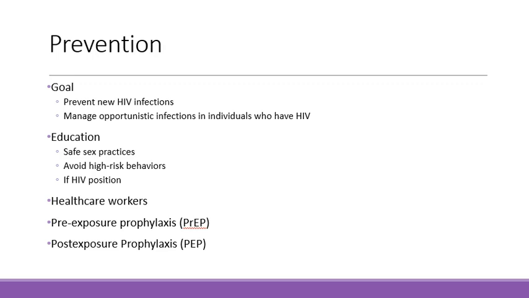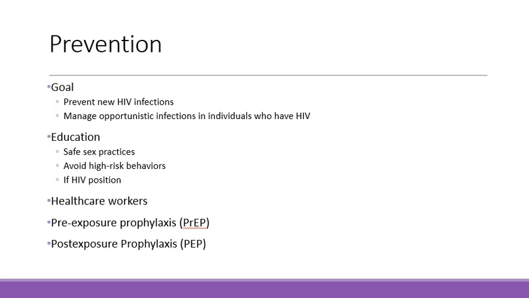So we now have two new classifications. We have pre-exposure prophylaxis called PrEP, and this allows individuals who are currently HIV negative but who are at high risk for becoming infected with HIV to reduce their risk by taking one pill a day. And this has a greater than 99% efficacy. These meds block the pathways that the HIV uses to set up its infection.